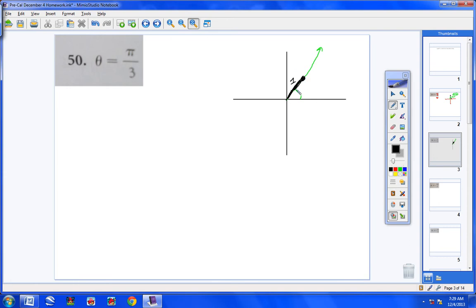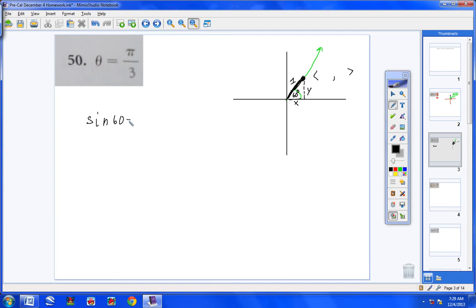If I want to find the name of this vector, all that I have to do is draw my right triangle, put 60 degrees inside my triangle because I rotated up 60 degrees. And now remember what to do. All that I have to do to answer this problem is write this vector in component form. All that I have to do is go over so far, that's my x, and go up so far, that's my y. So here we go.